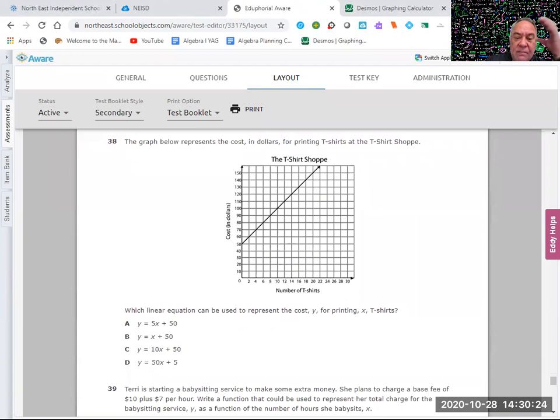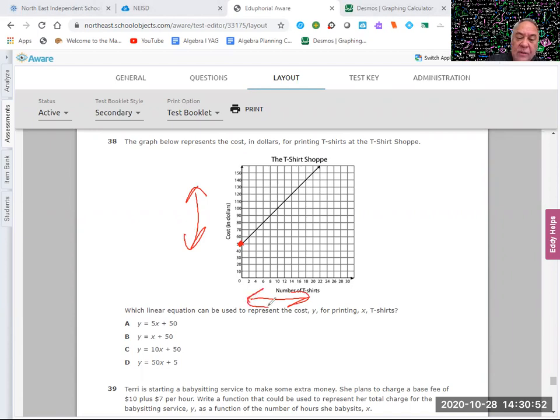Number 38. The graph below represents the cost in dollars for printing t-shirts at the t-shirt shop. Which linear equation can be used to represent the cost for printing t-shirts? Okay, well, there's the starting point. That's your y-intercept. You just need to figure out the slope. So rise over run.